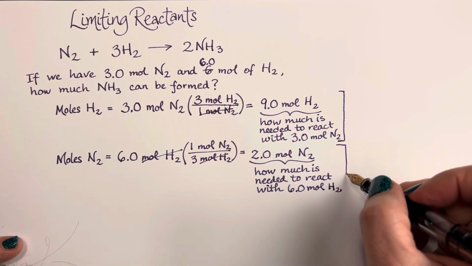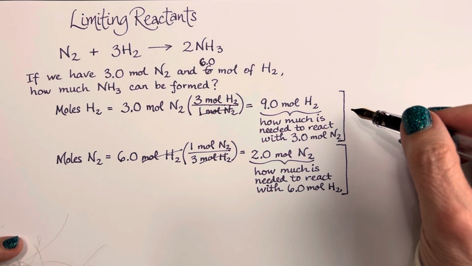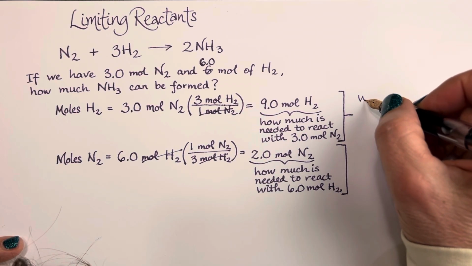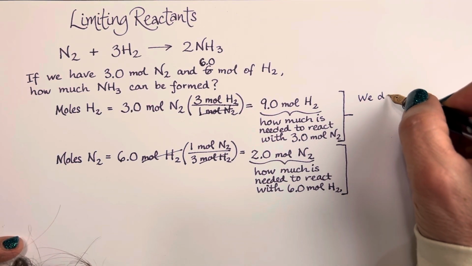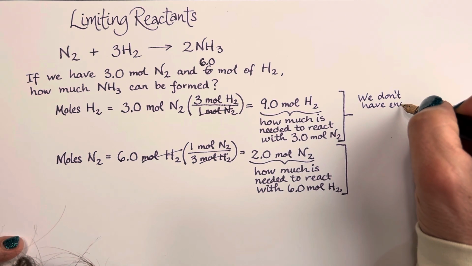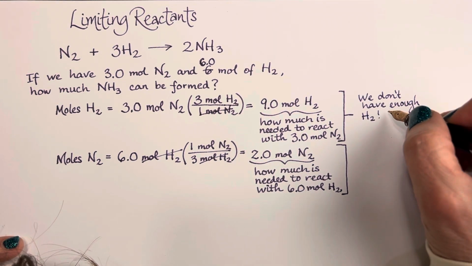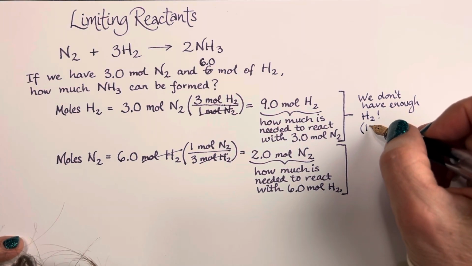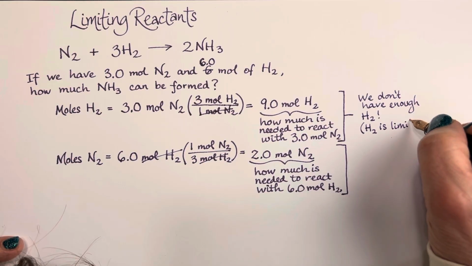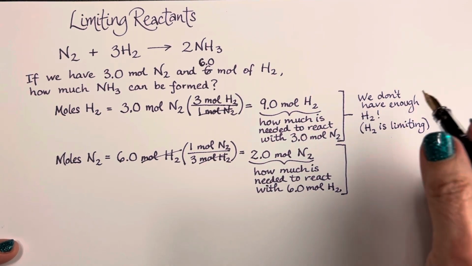We did this check, we did this check. And the conclusion from this one is that we don't have enough hydrogen. Hydrogen, in other words, is limiting. We don't have enough hydrogen.